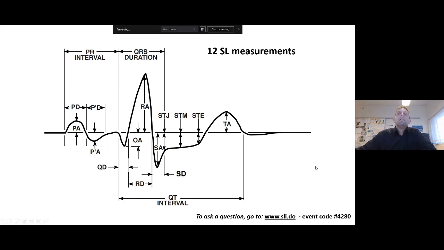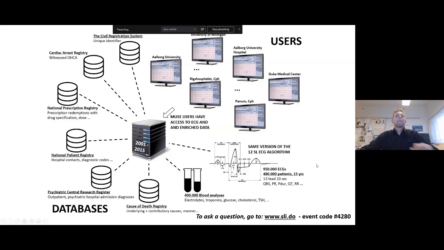So now, let me give you an overview of the framework that we have for the Copenhagen General Practitioners ECG data that I mentioned in the beginning of my talk. You can see here that we have MUSE users from many different research institutions who can log into the MUSE. In MUSE, they have access to the 950,000 ECGs and the ECG parameters that we can measure from those ECGs.